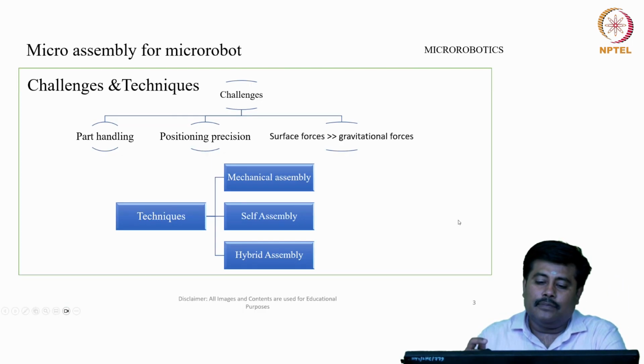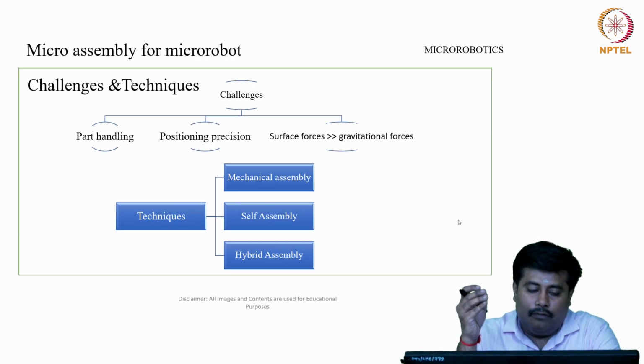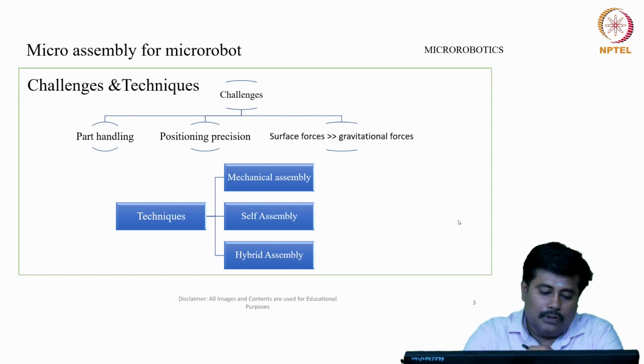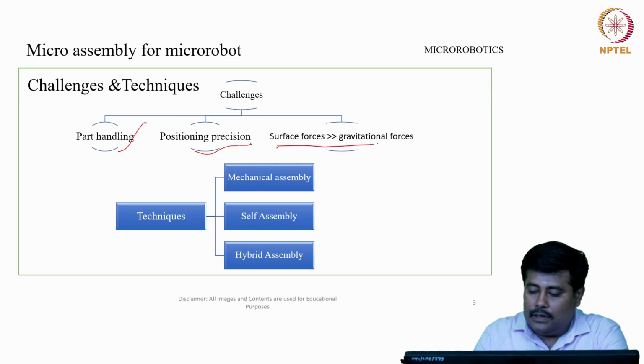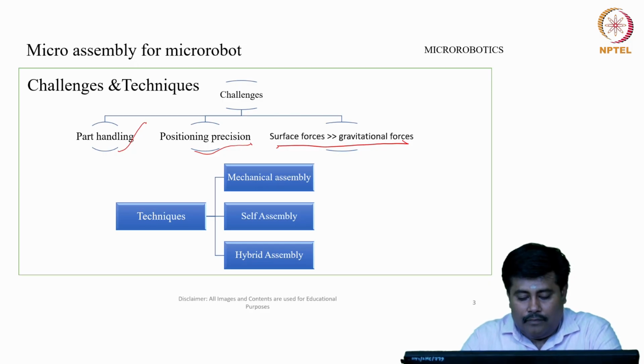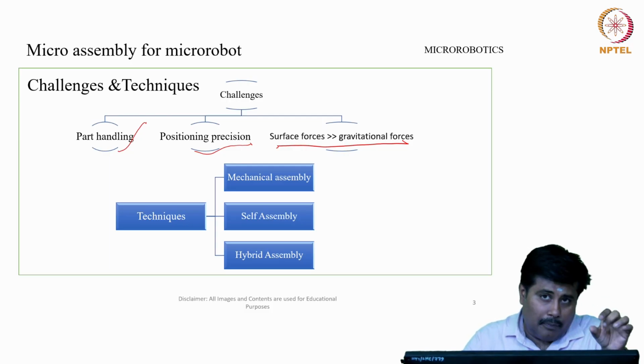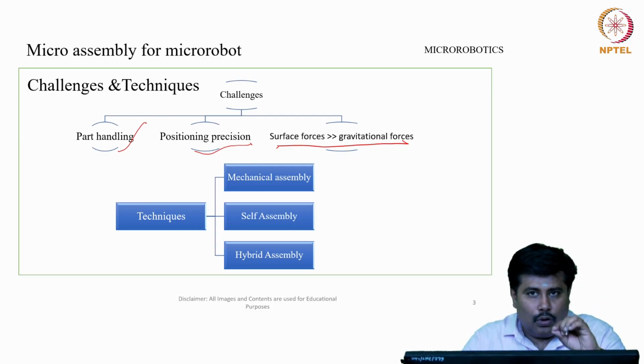Some of the key challenges involved in micro assemblies include, first, part handling, second, positioning precision, and third, surface roughness or the gravitational force. Part handling involves a gripper being deployed in such a micro robotic system.